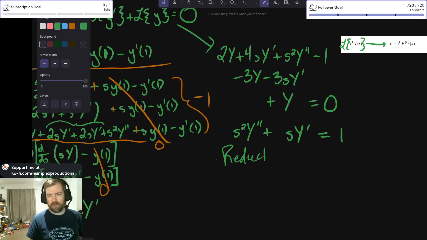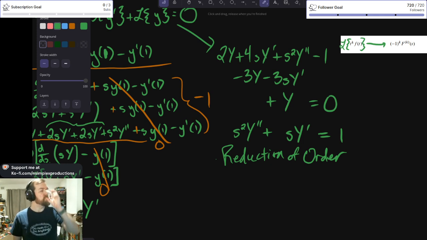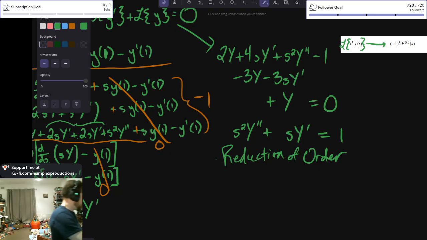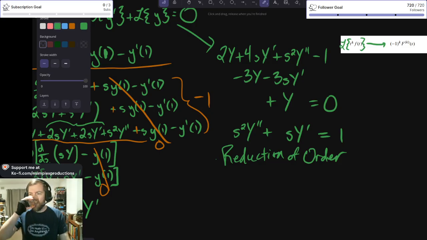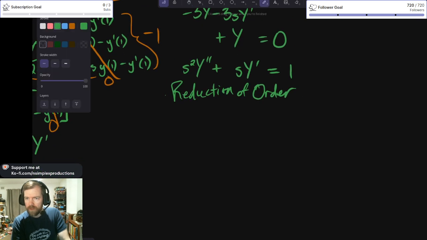Right, so this is a reduction of order. So we assume that this is going to be an s squared u prime plus s u equals 1, where u is equal to y prime.